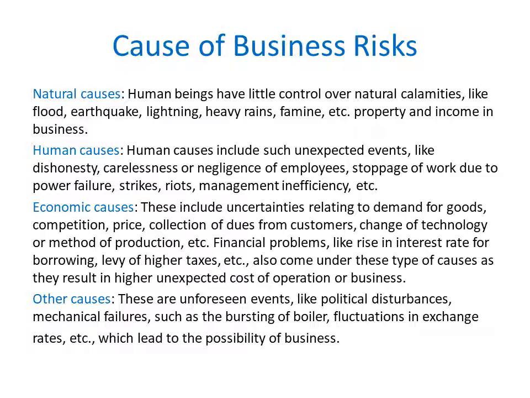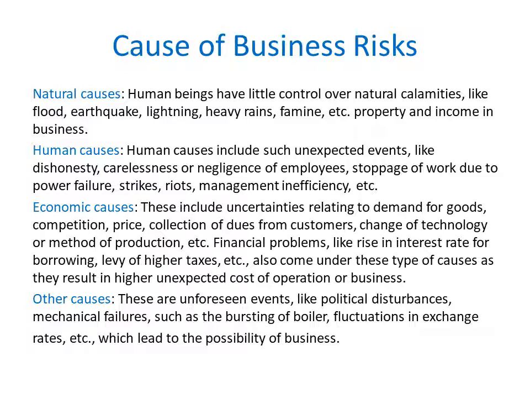The causes. Natural cause means a cause over which a human being has little control, like flood, earthquake, lightning, etc. This is the natural cause, due to which business profits are minimized.